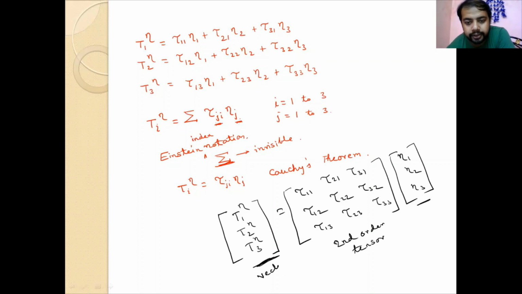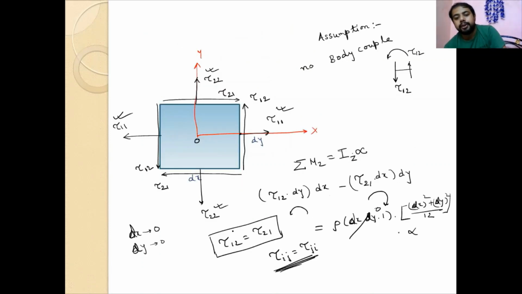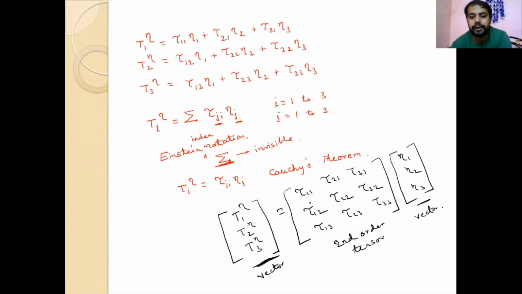One second order tensor maps a vector onto a vector. From the previous concept, tau 1 2 is equal to tau 2 1. In a similar way, tau 1 3 is equal to tau 3 1, and tau 2 3 is equal to tau 3 2.